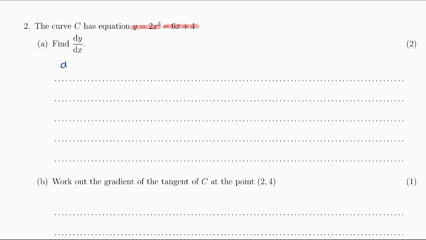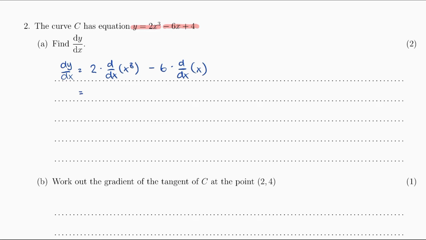So dy over dx is equal to the derivative of 2x cubed, which is the same thing as 2 multiplied by the derivative of x cubed, plus the derivative of negative 6x, which is the same thing as negative 6 multiplied by the derivative of x, plus the derivative of 4. And the derivative of any constant is equal to 0, and therefore we won't write this down.